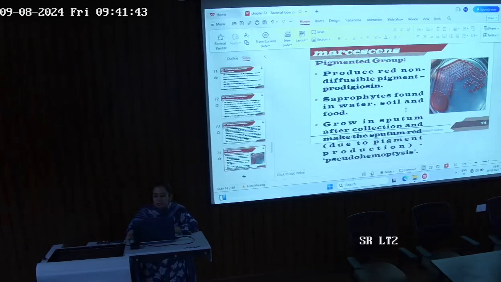It produces a red, non-diffusible pigment which is known as prodigiosin. This is a pigmented bacteria and it gives color on growth. It gives color on MacConkey's agar also. It is reddish in color.